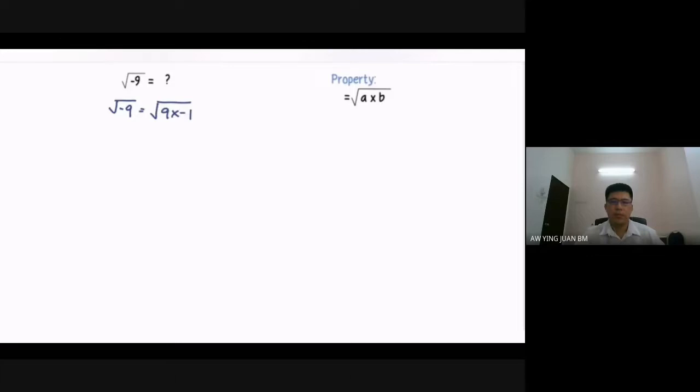We know the property which says that the square root of A times B is equal to the square root of A times the square root of B. So the square root of negative 9 is equal to the square root of 9 times the square root of negative 1.